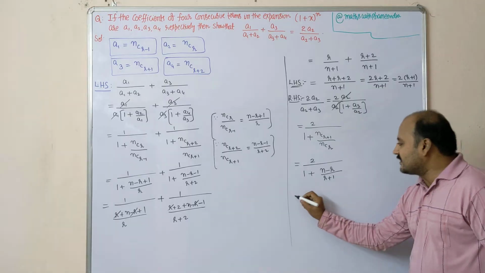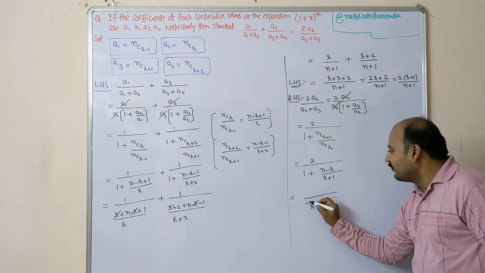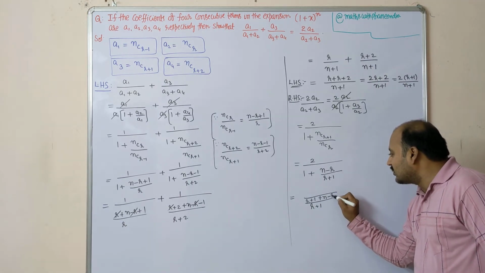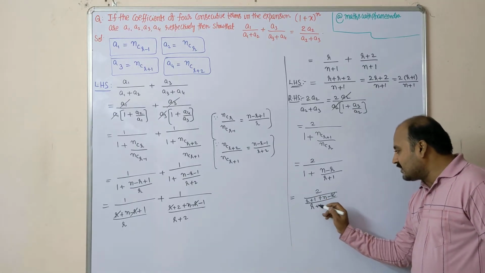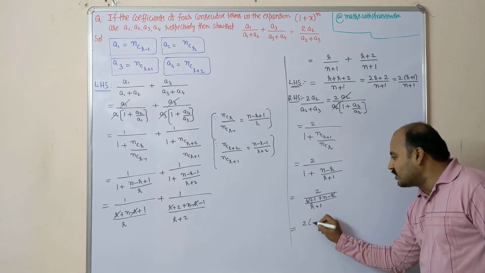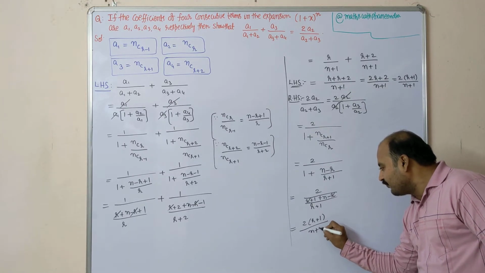So now take LCM. r plus 1 is the LCM for the denominator. So r plus 1 plus n minus r into 2. So minus r plus r get cancelled. So numerator 2 times of r plus 1 divided by n plus 1.